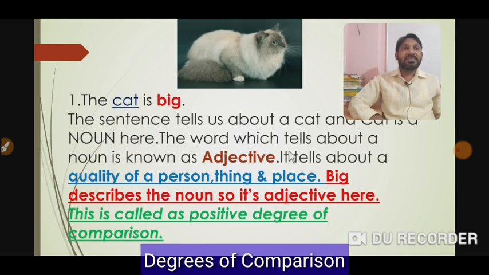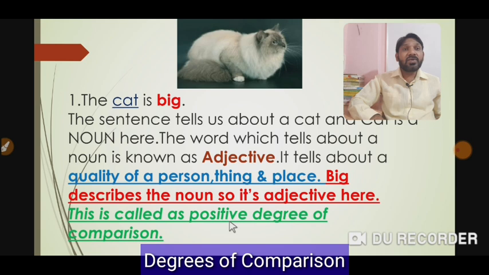The word which tells about a noun is known as an adjective, and an adjective tells us about a quality of a person, thing and a place. Big describes the noun, so it's an adjective here.